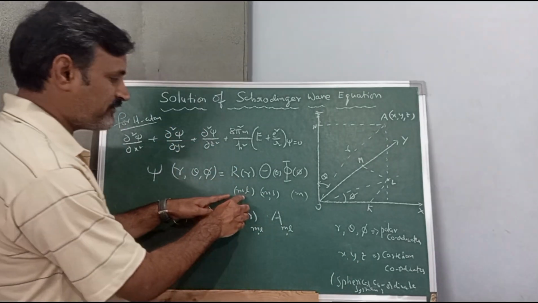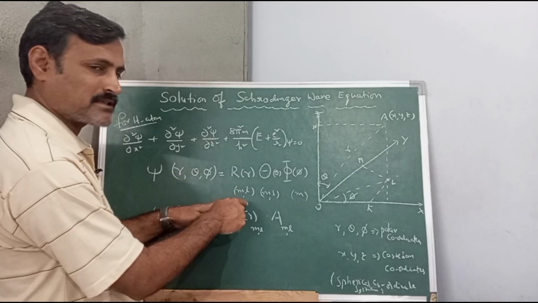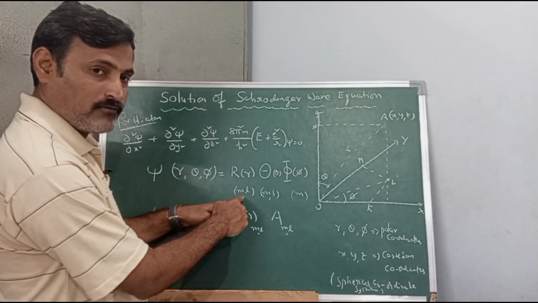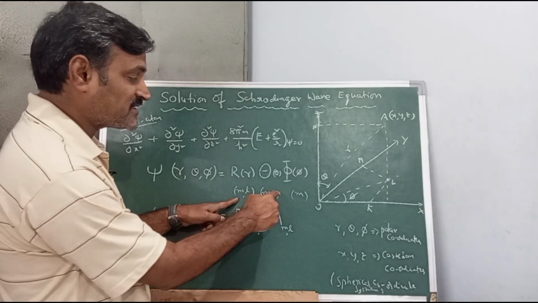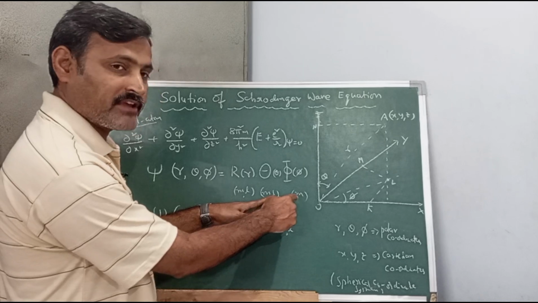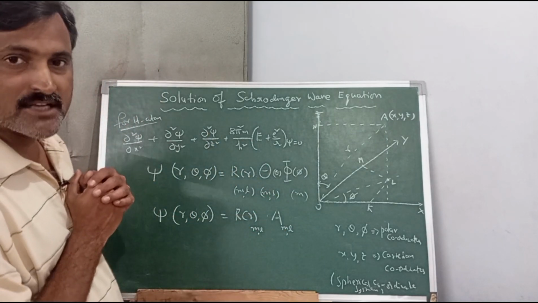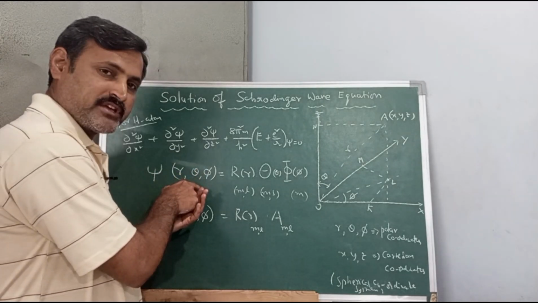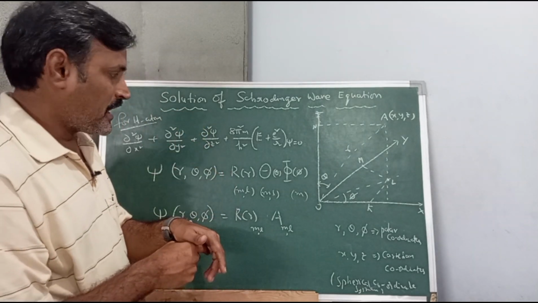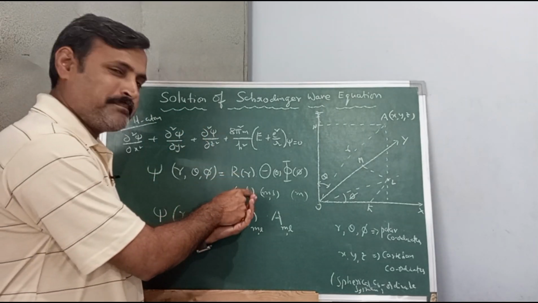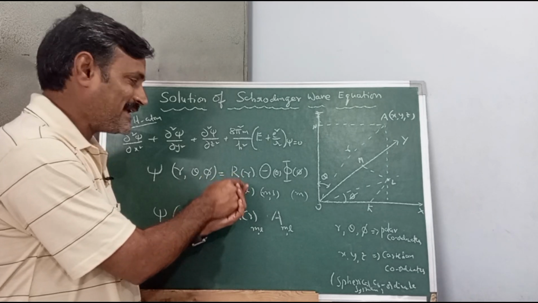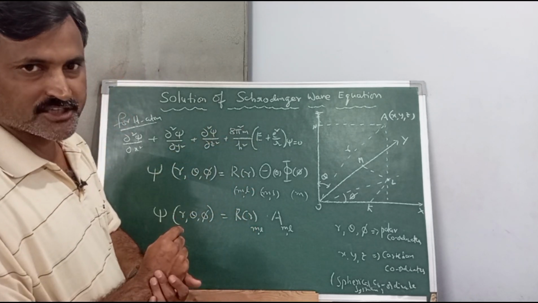It will have two parts. It is a product of the radial wave function and the angular wave function. So what is the solution of the Schrodinger's wave equation? One part of the wave function is called the radial part of the wave function.